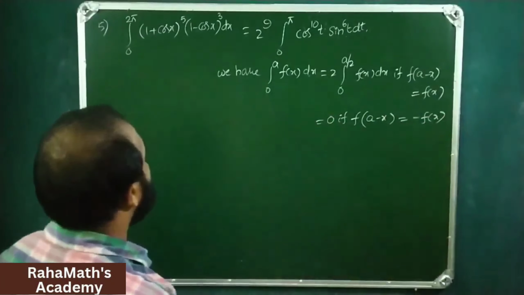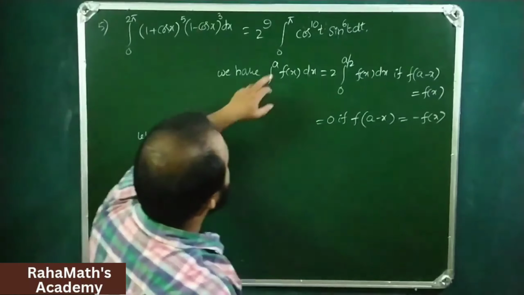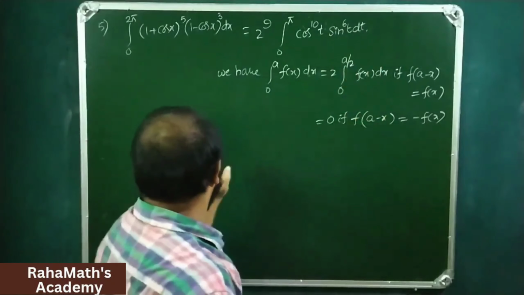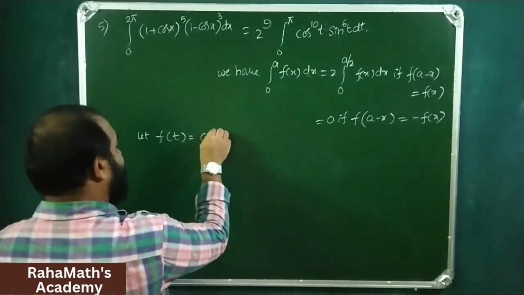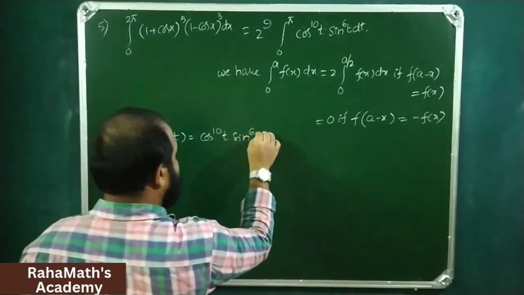For this, let f of t be, since this is in the form of t, cos power 10t into sin power 6t.